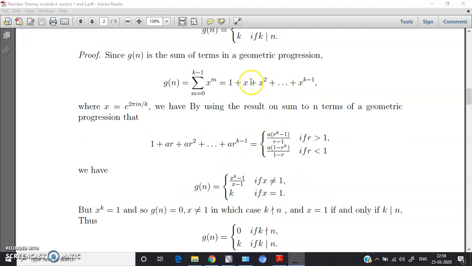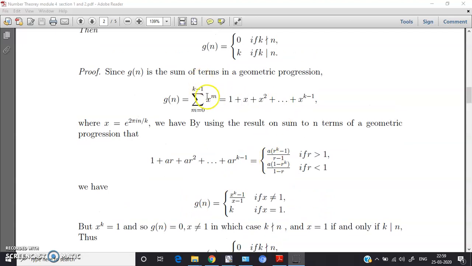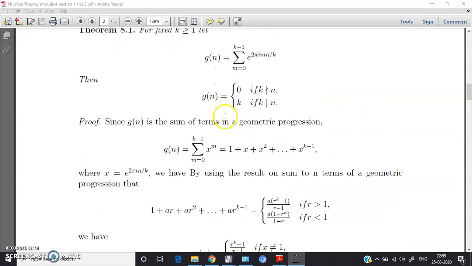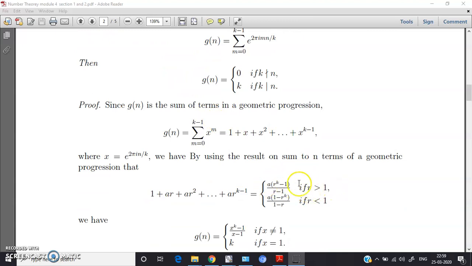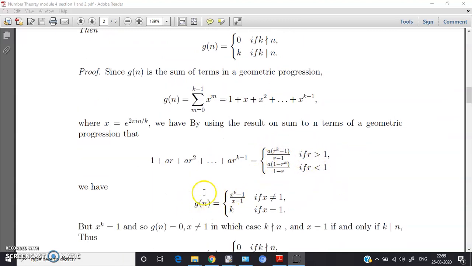So here, since it is clearly given that k is greater than or equal to 1, we have to use the first result, and since a is equal to 1, we get g of n is equal to x raised to k minus 1 by x minus 1 if x not equal to 1.